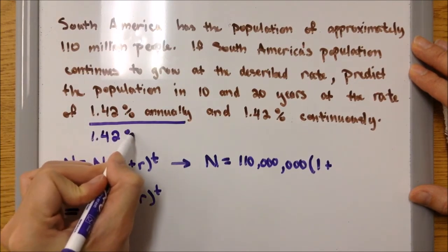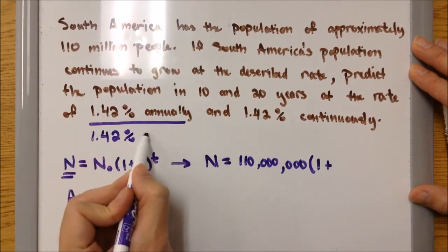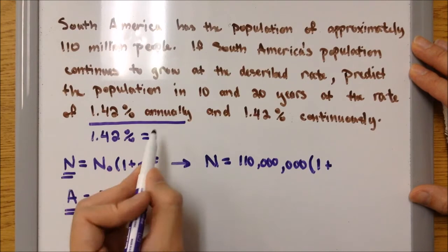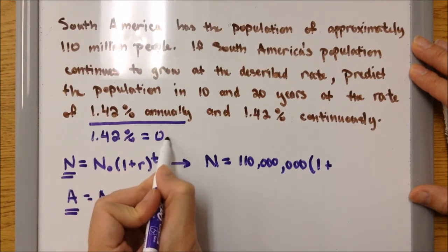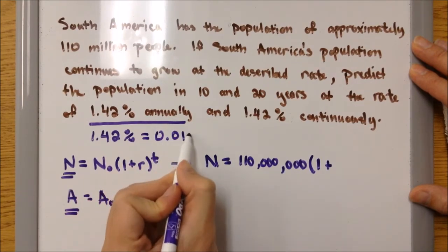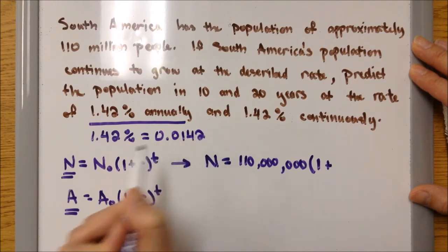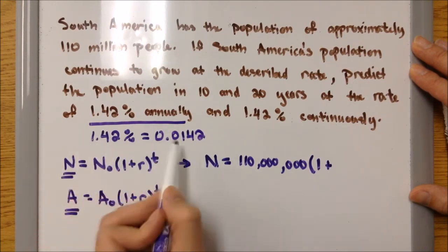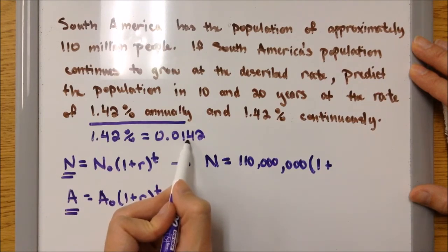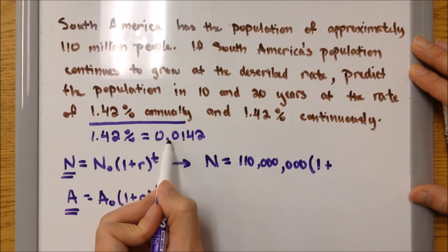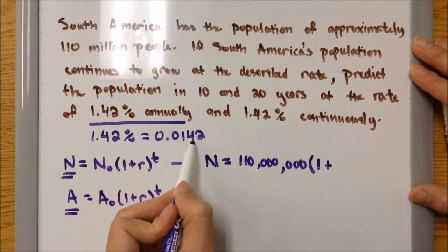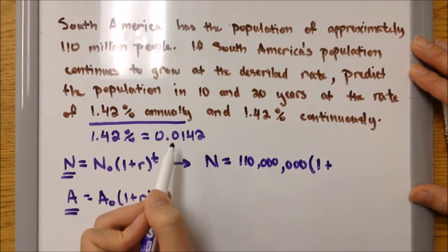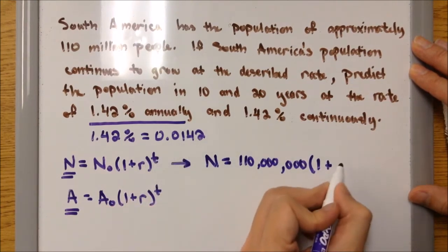To convert 1.42% into a decimal, all we have to do is move the decimal place 2 times, so 0.0142. Again, all I did was move the decimal to the left 2 places. 1, 2. So that's the rate I'm going to put in here.